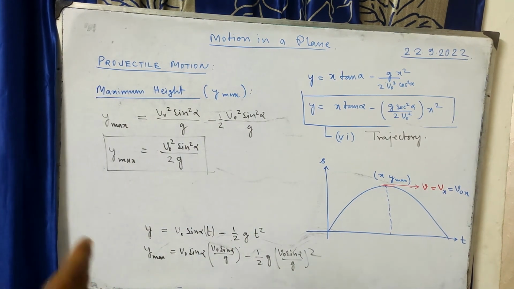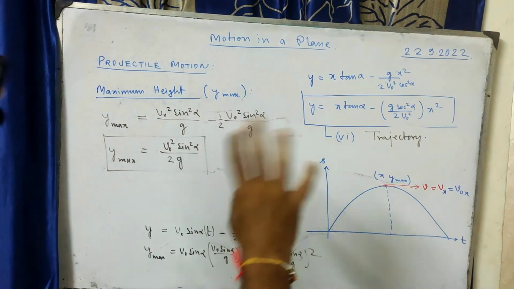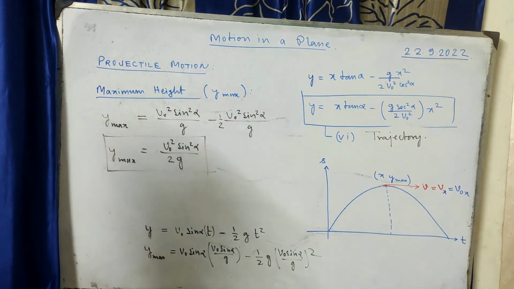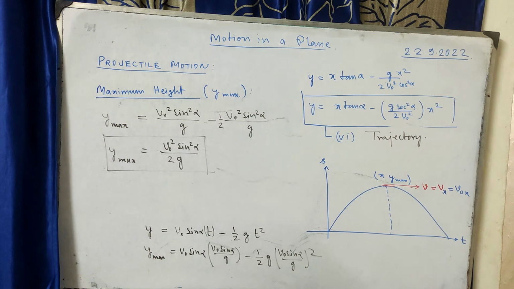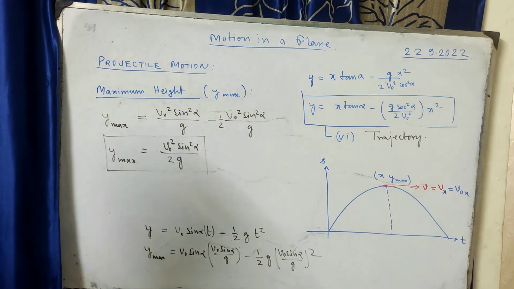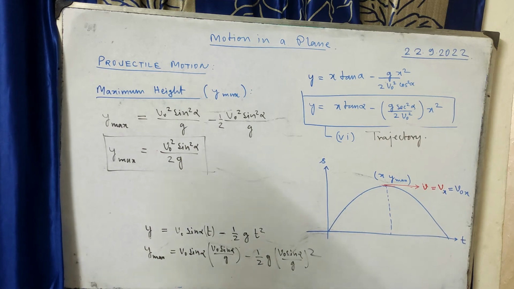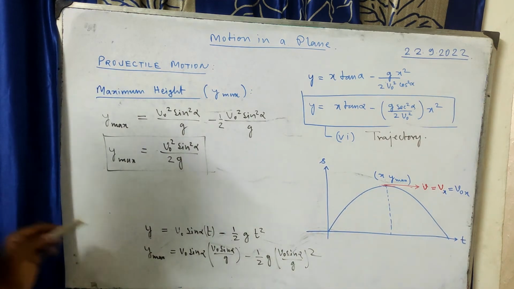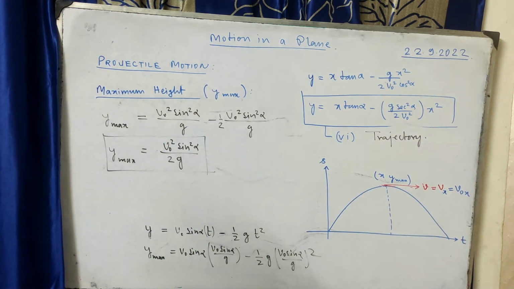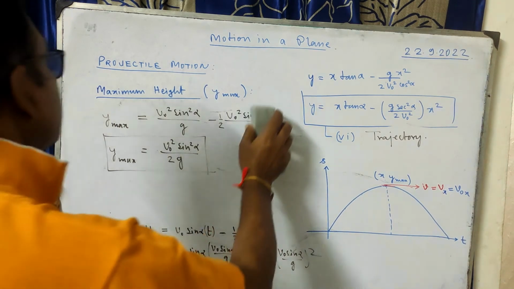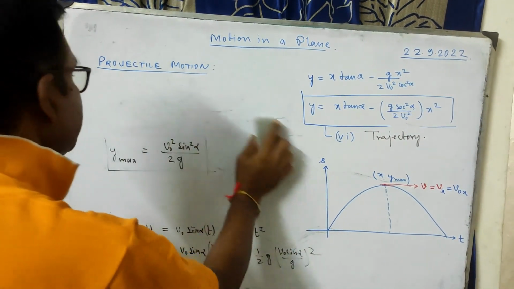So we have discussed the maximum height, the position, the velocity, and the trajectory, isn't it? After this, maximum height means y distance. Now we will see what is the maximum x distance it can cover. That maximum x distance is called range.